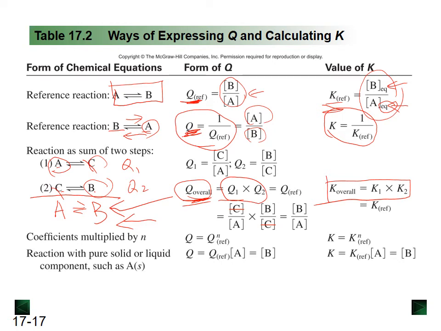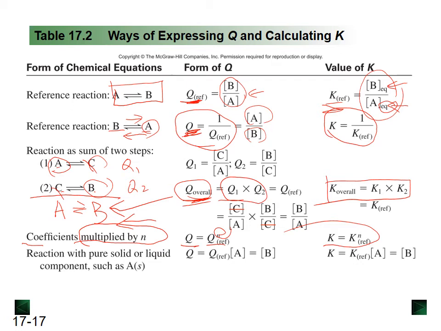If a reaction equation is multiplied by a common number n on both sides, then the new reaction quotient is the original quotient raised to the power of n. Same thing for equilibrium constant.